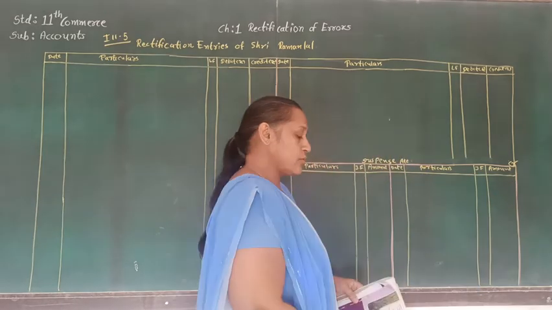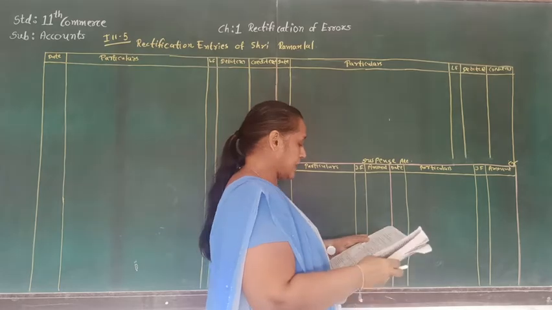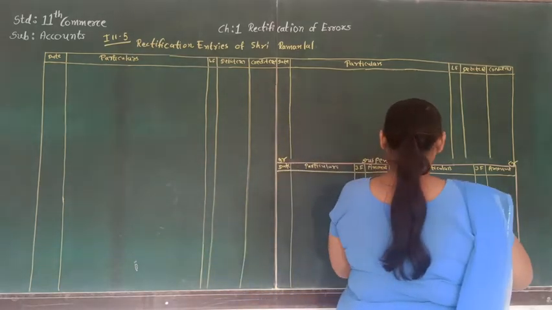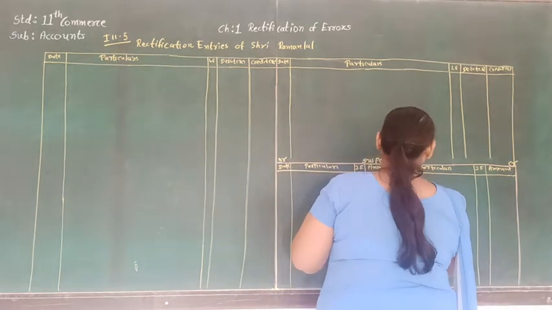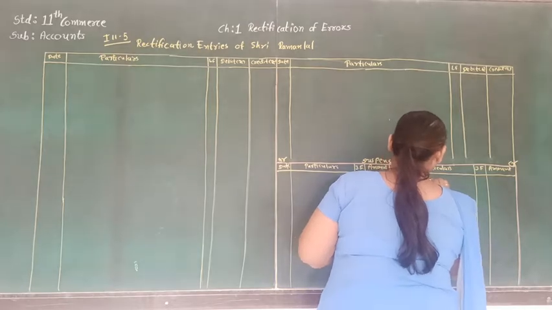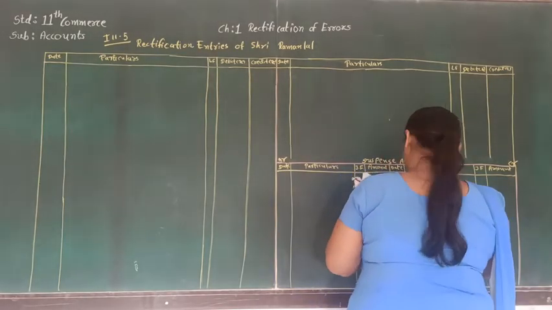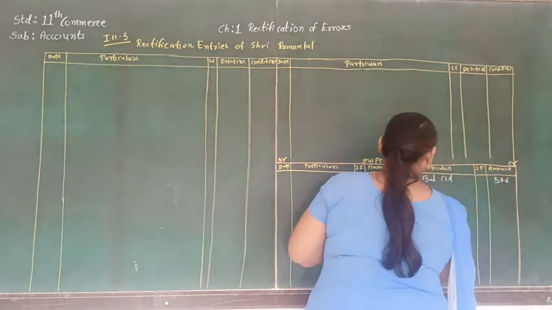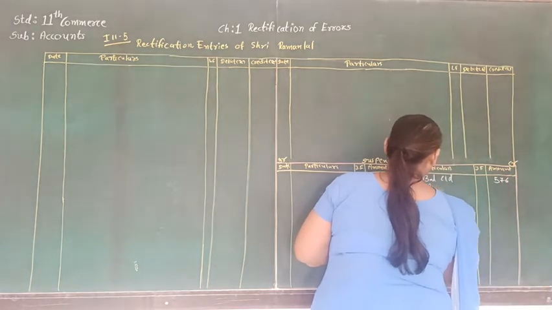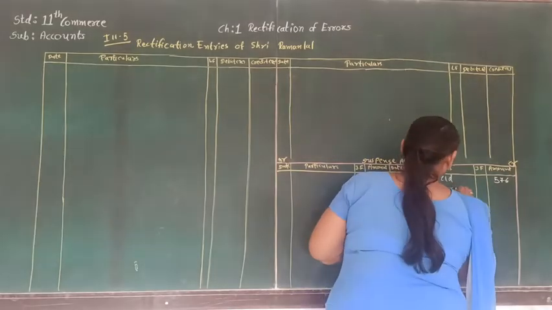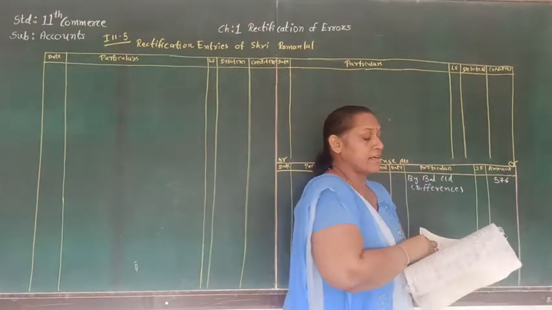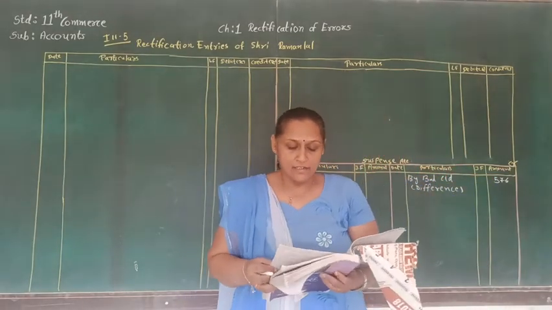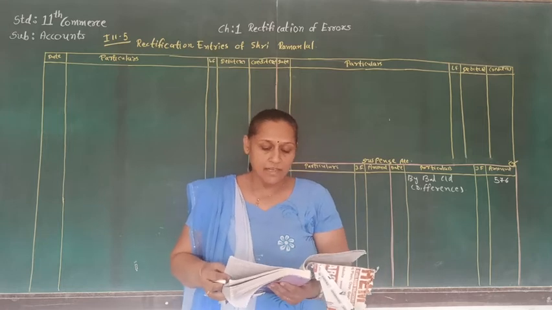So we are going to write on the credit side the difference of 576, by balance carried down 576. Here it is a difference. And get his trial balance tallied.